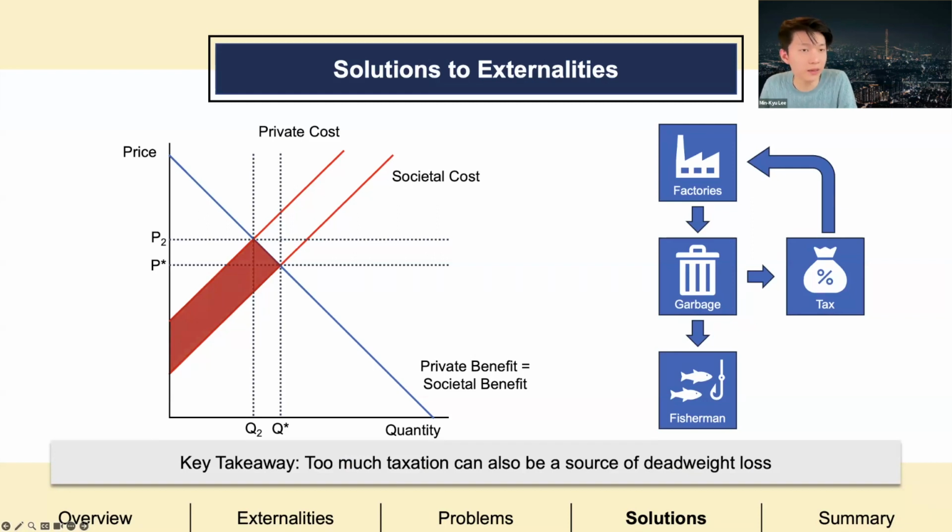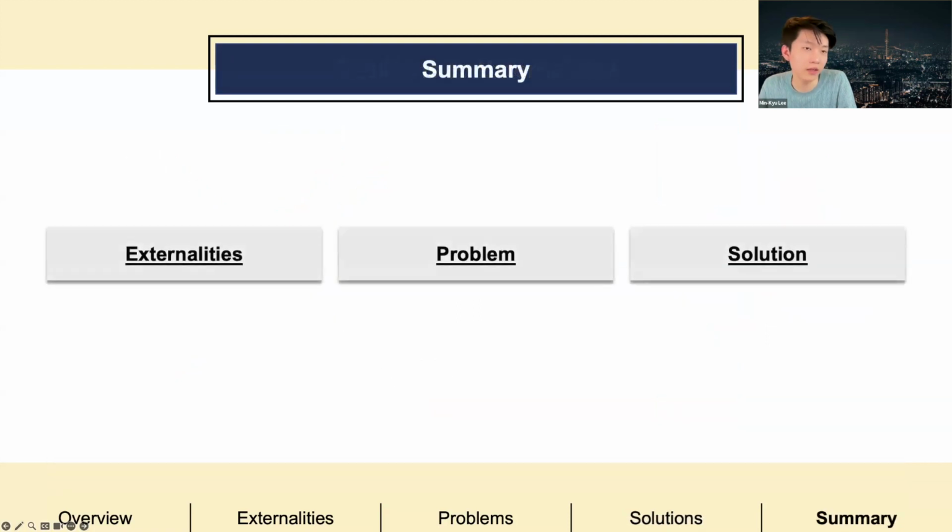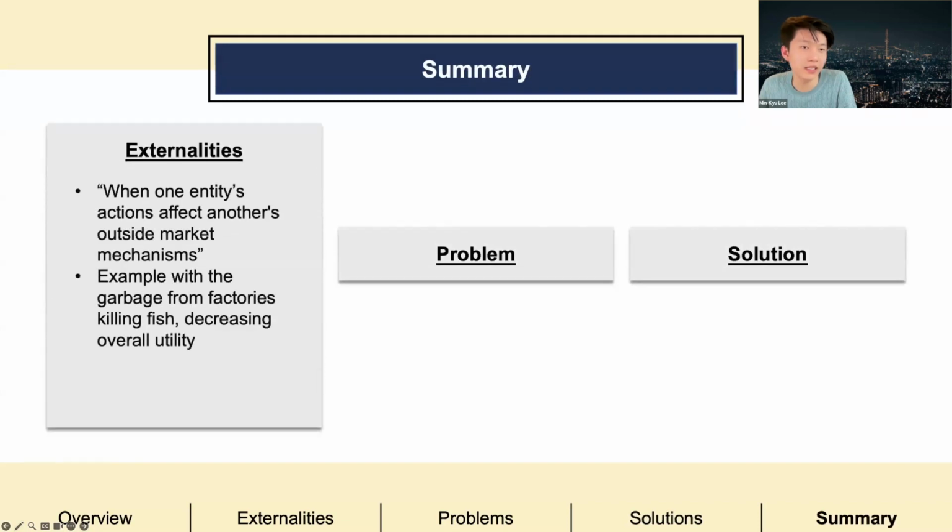And so let's quickly summarize everything we talked about today. First, we talked about externalities. What are externalities? Externalities are when one entity's actions are affecting another's outside market mechanisms. We saw that example of garbage from factories, and the garbage is outside the market mechanism for the factory, and it's killing fish and decreasing the overall social utility.